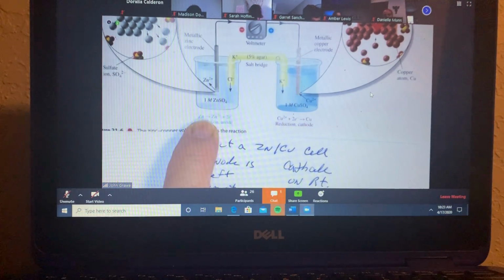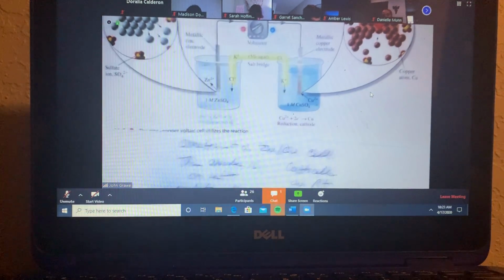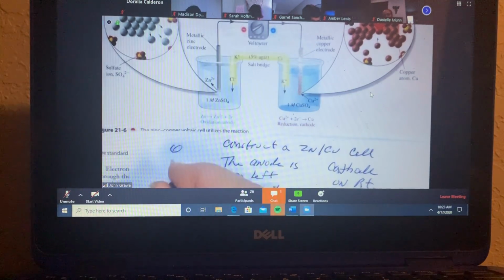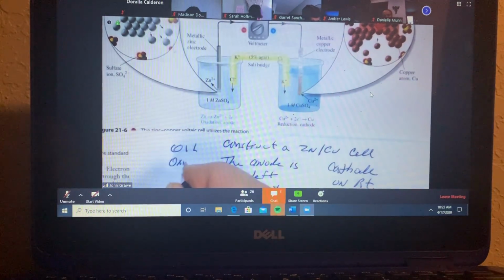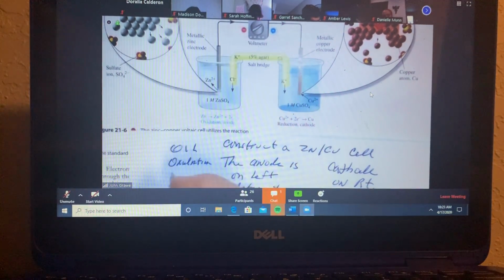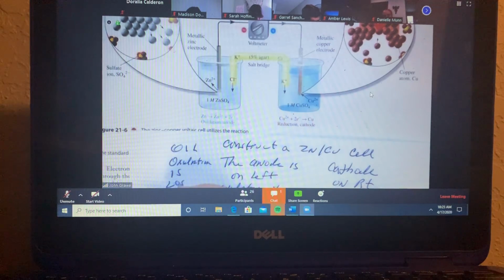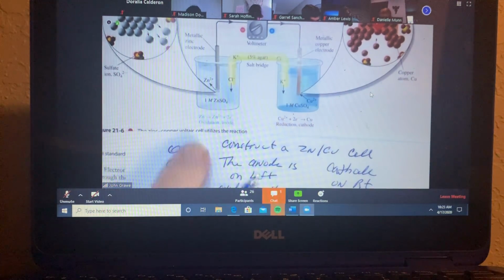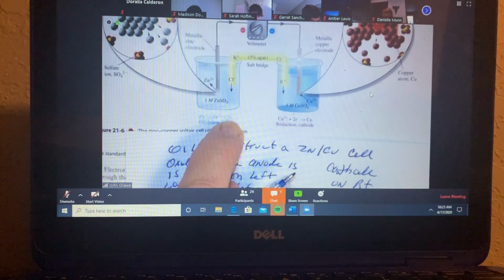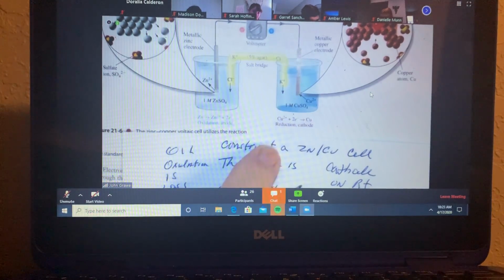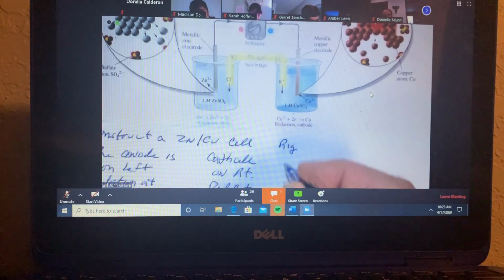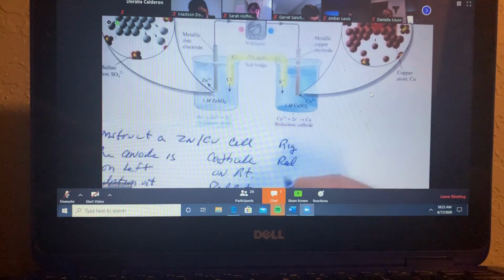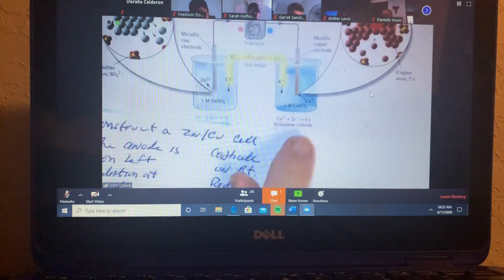Oxidation, according to our little scheme, is going to be loss of electrons. So that's how we write the loss. And reduction is going to be the gain.